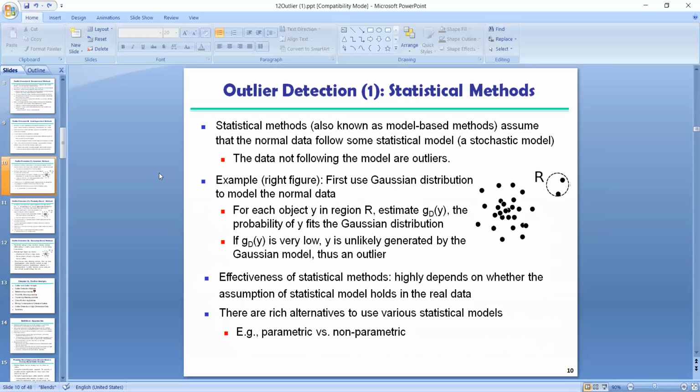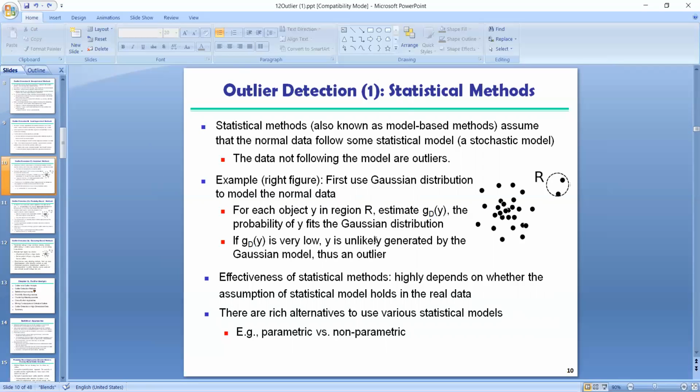Now, apart from this, we are using some statistical methods, proximity based methods, and cluster based methods in the outlier detection process. So statistical method is also known as model based methods. Assume that the normal data follow some statistical model. Always the normal data are following some statistical model. So the data that is not following that particular model, we can call it an outlier.